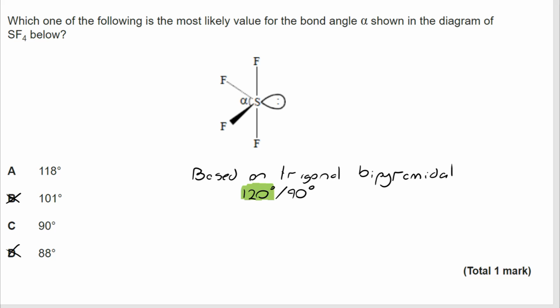But we also know that lone pairs cause some disruption to the bond angles. They cause distortion. They are going to push the bonding pairs closer together and therefore reduce the bond angle. Generally, we would say by around 2.5 degrees. Now, the closest we have to that is a 2-degree reduction from 120 to 118. The correct answer is A.